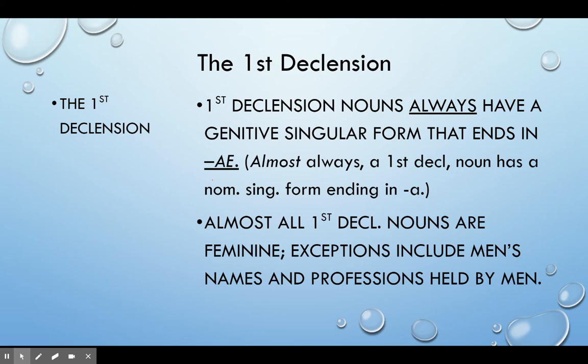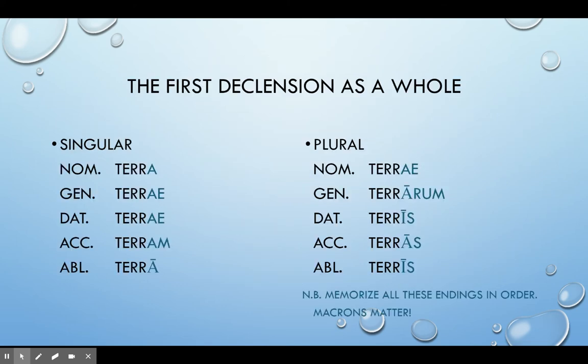Okay. All right. So you have seen on page 9 in the textbook, a chart with the forms of the word lupa in order from nominative singular all the way down to ablative plural. Those endings are movable.